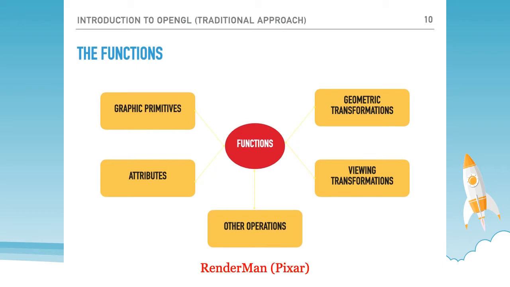With the RenderMan interface from the Pixar Corporation, we can generate scenes using a variety of lighting models. Finally, graphics libraries are often used in other types of systems, such as Mathematica, MATLAB, and Maple.